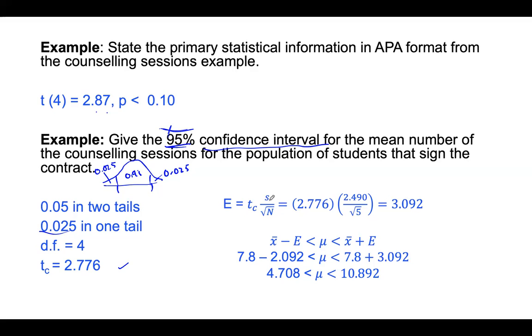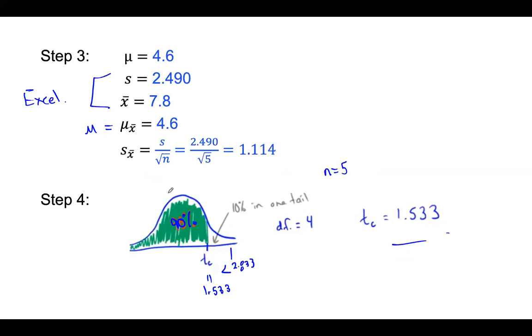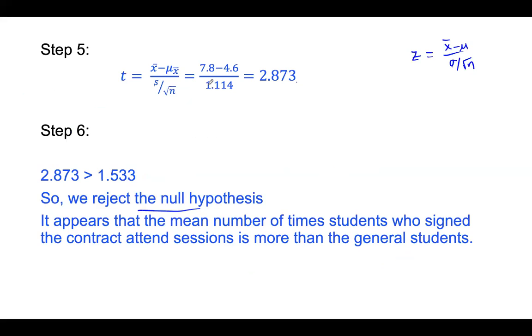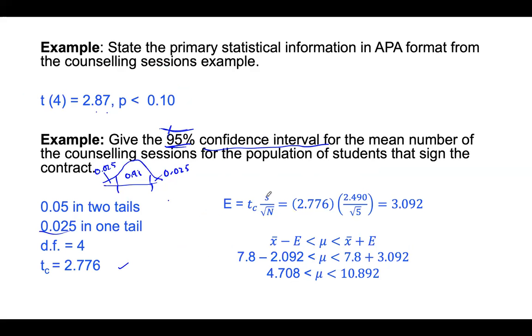We have X bar from previously, which was right here, 7.8 that we found using Excel, minus E less than mu less than X bar plus E. And we can compute this whole number, which this should be a 3.